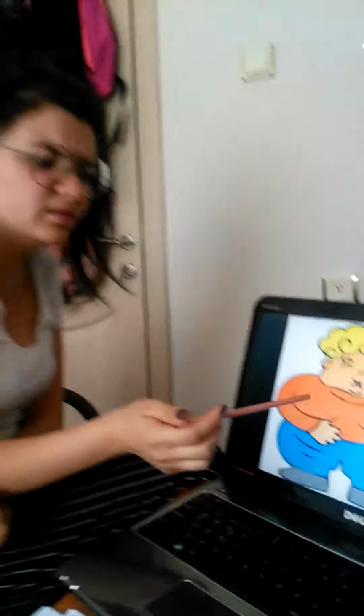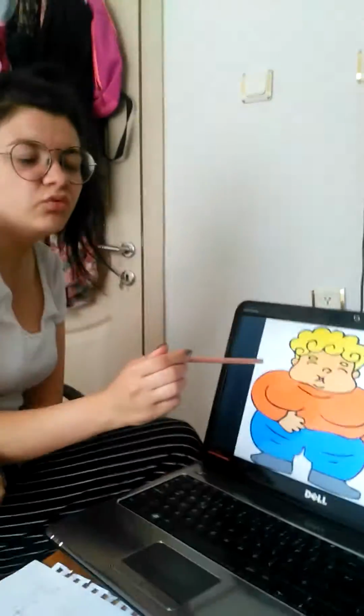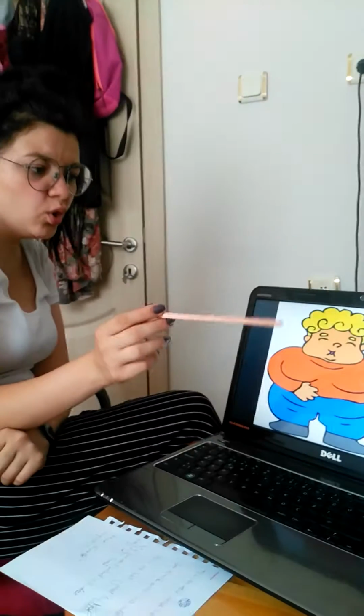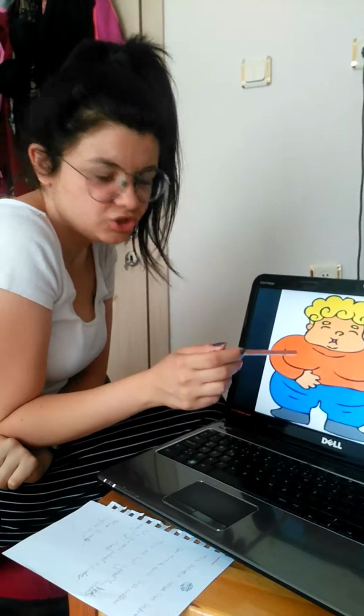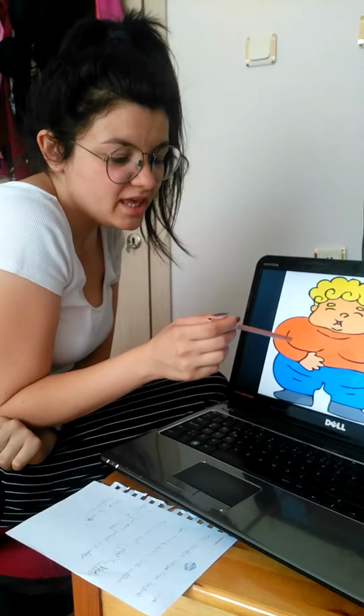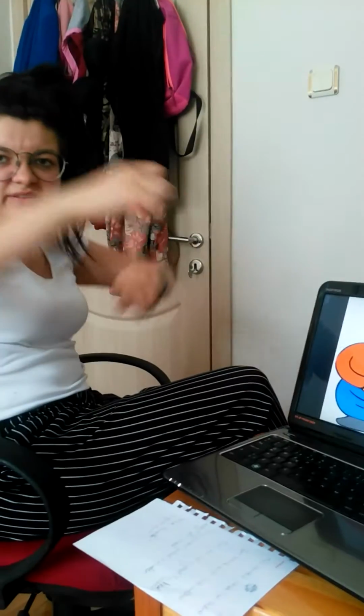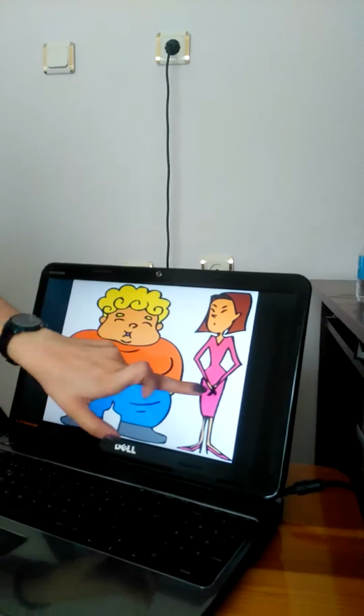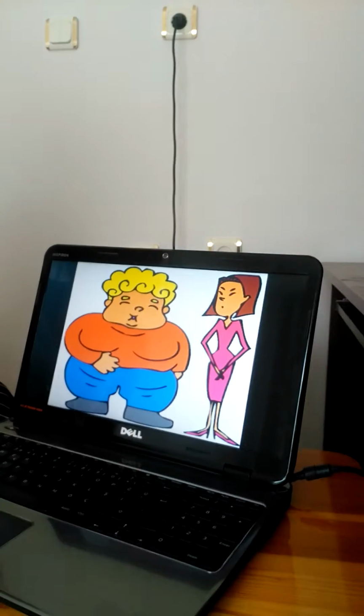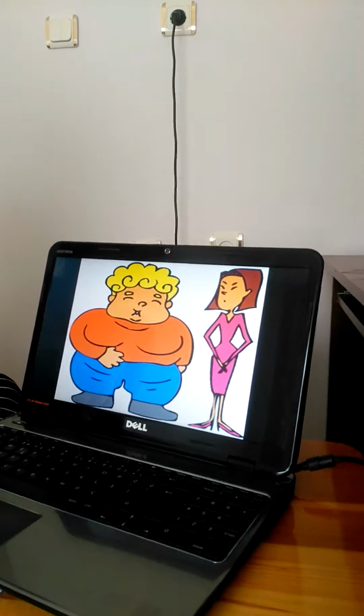This girl, and this is very easy, don't worry. The woman who in orange is fatter than the woman who wears black dress. Did you understand?